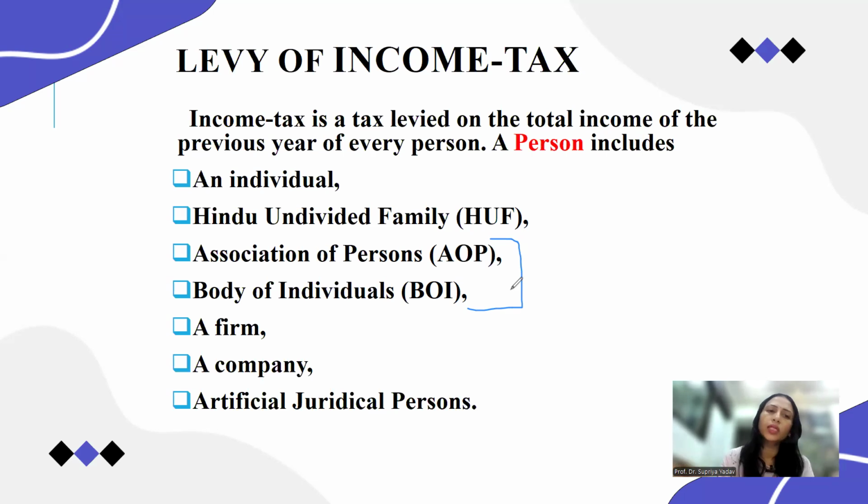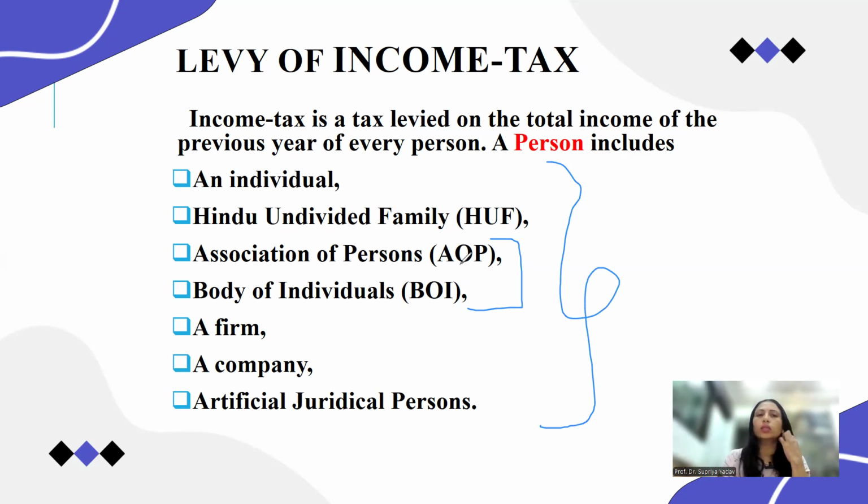If they come together and start one business, then that is known as a body of individuals. And what about the association of persons? As the person definition includes all these things, if suppose one individual, one HUF and one company come together, that is known as an association of persons.